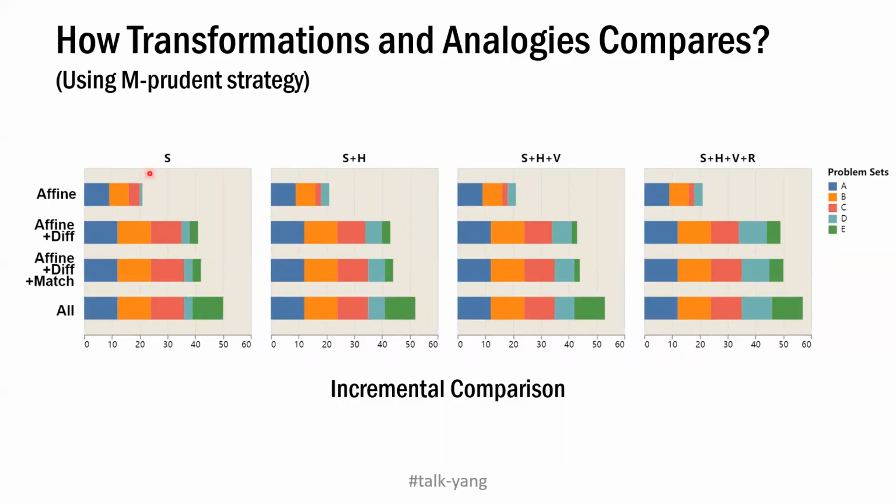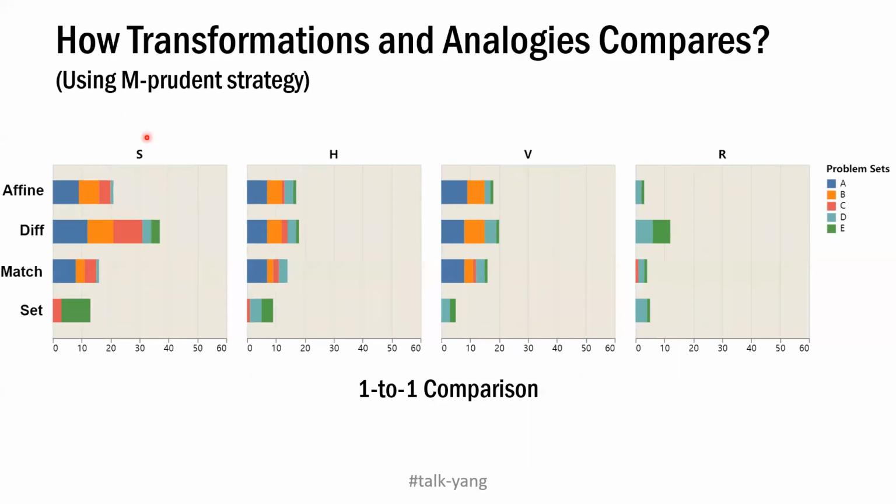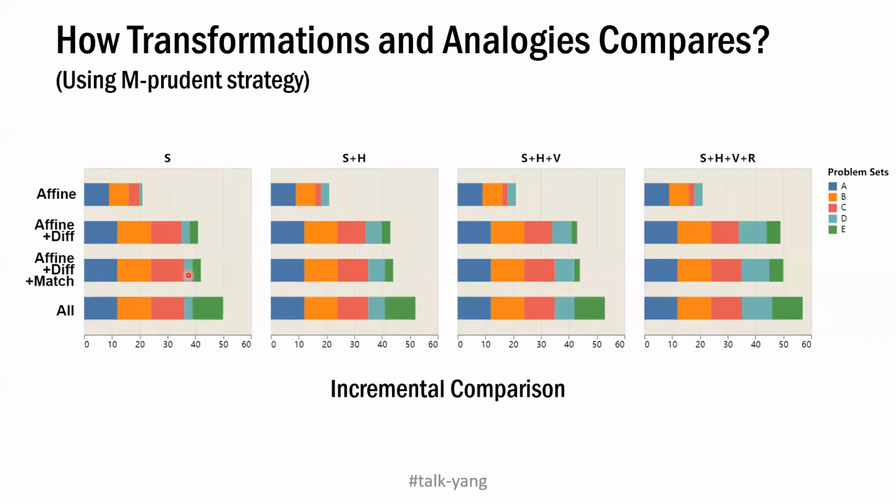This is because we start with S, and S is the most powerful analogy group, as you can see in the one-to-one comparison. So I believe if we define this analogy group at a finer level, we can see more significant increases in the horizontal direction as well.